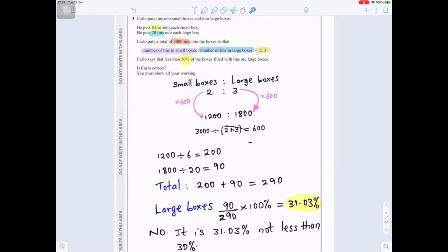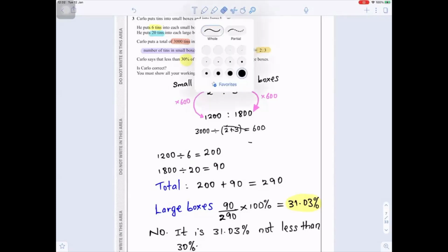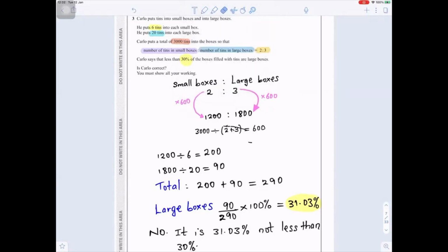So now what we have is 3,000 divided by 2 plus 3, which gives you 5. 3,000 divided by 5 will give us 600.